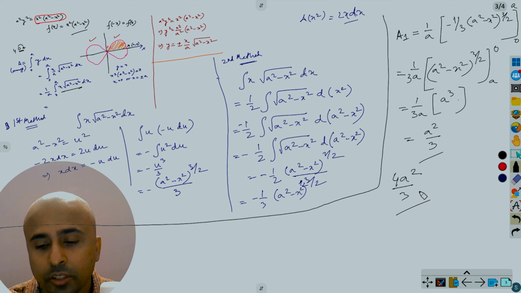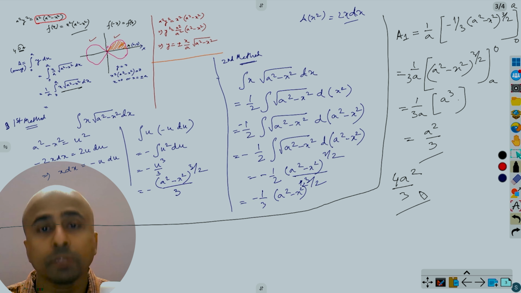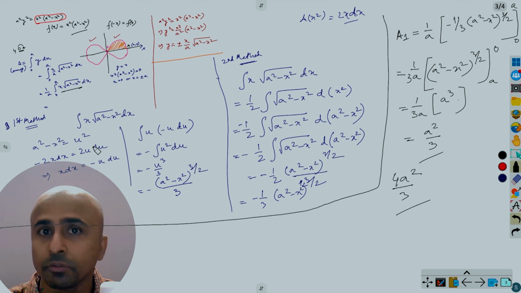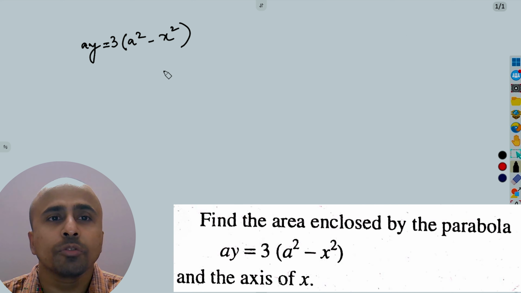In this context, I just want to mention one more thing, that in the near future, whenever you learn gamma function, beta function, you will also encounter this type of integral actually. Okay, and there you will find a formula for that. So we have to find the area of this parabola with respect to x-axis, right?